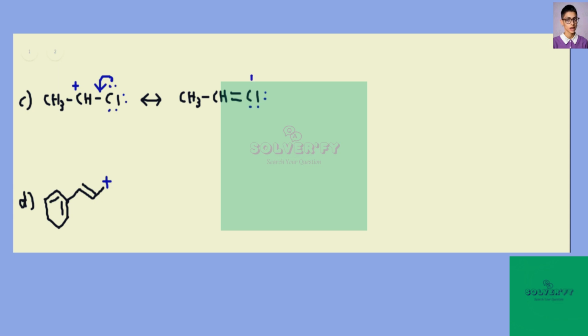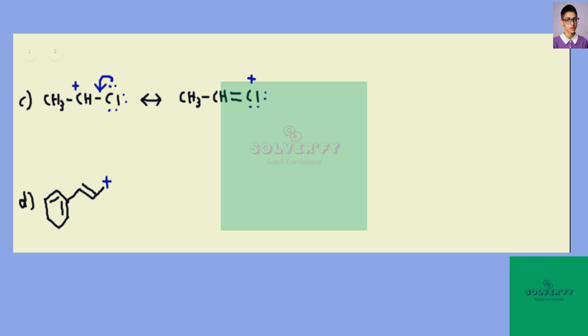And so it's going to have the positive charge on it. But again, it's always better to put positive charges on electronegative atoms. So that looks fine. So then for D, we're going to be able to draw 2 resonance structures here.